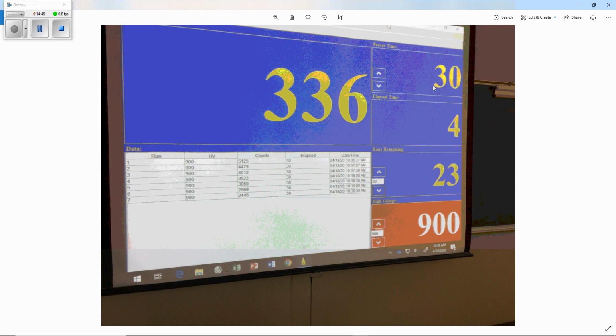We take a reading every 30 seconds, totally 30 data points. In the first 30 seconds, we measured 5,125 decays. In the second 30 seconds, you find 4480. See the number drop, then 4,000, 3,500, 3,000, 2,700, 2,400. The number keeps decreasing.